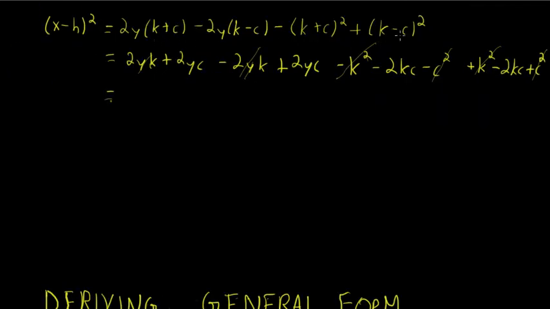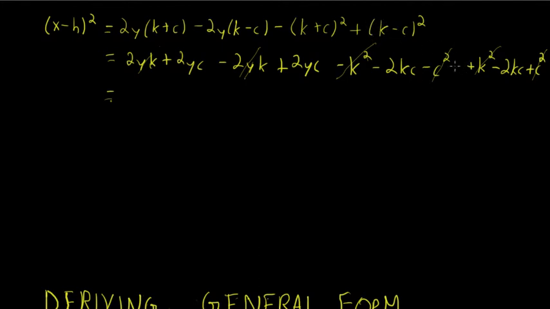Okay, so when we expand this expression out, we get 2yk plus 2yc minus 2yk plus 2yc minus k squared, and minus 2kc, because this would be a plus 2kc, but there's a minus sign there. Minus c squared, because this is a plus c squared, but there's a minus sign in front of it.